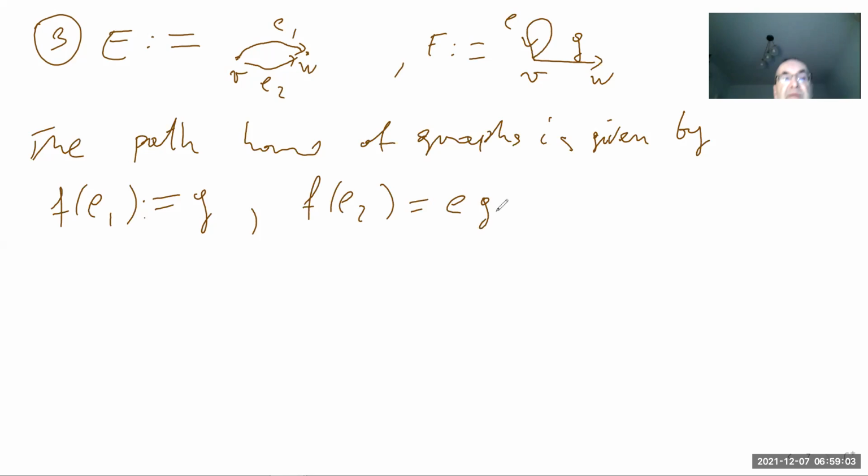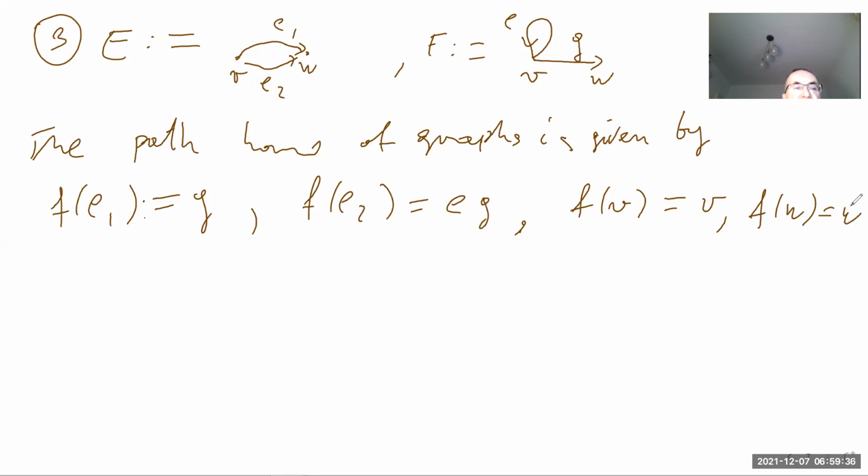Okay, so you see it makes sense. And of course we are identity on vertices. So F of V is V, F of W is W. So we are bijective on vertices, and our map preserves the ends and the beginnings. F of E1 is G, the beginning of G is V, and the beginning of E1 is also V, works.